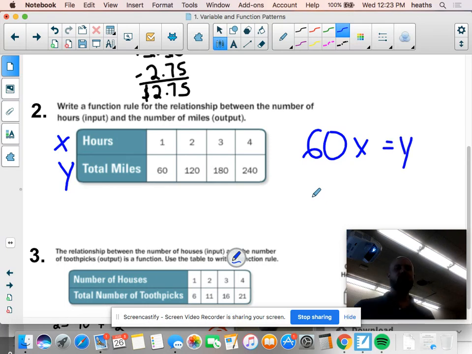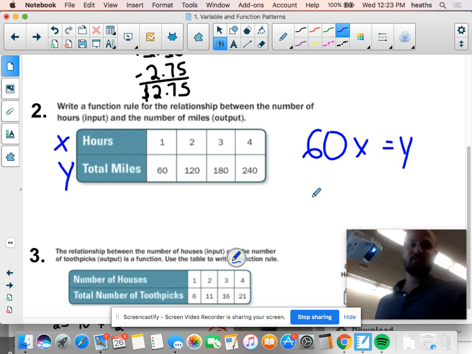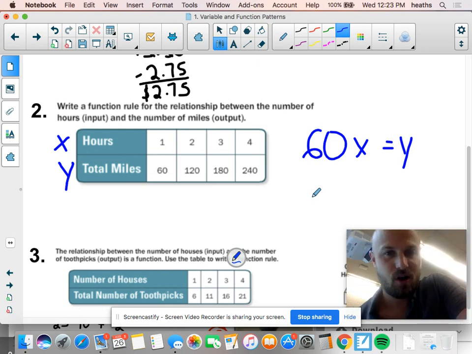Always a smart idea to go back and double check your answer. So let's just look at it. And I'm not going to go all the way 1, 2, and 3 like I did above, but let's just check our work by going with hour 3, or 3 hours. Okay, so every hour it's increasing by 60.